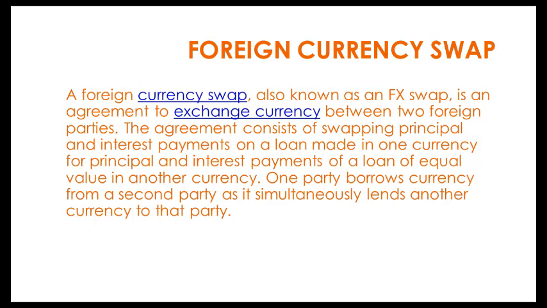One party borrows currency from the second party as it simultaneously lends another currency to that party. So here, the foreign currency swap is again similar to hedging. Unlike with the previous illustration that we've shown on interest rate, here we're trying to minimize the risk of the fluctuating foreign currency exchange.